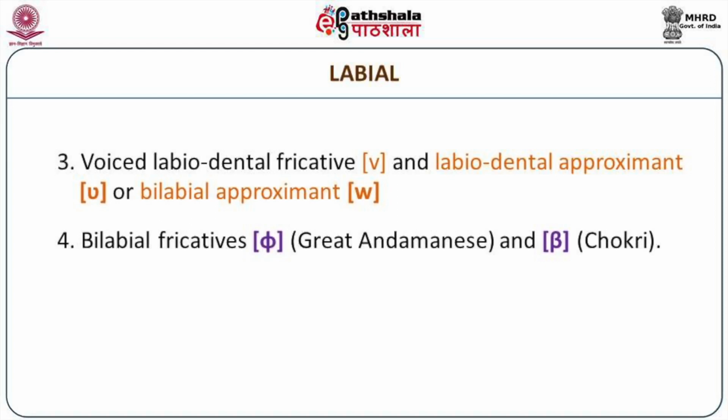And a Tibeto-Burman language, Chokri, spoken in Nagaland and Manipur, has a distinct sound, namely v, a bilabial fricative. So these are some of the sounds in the labial range which speakers find difficult to distinguish. They have to learn to practice them.